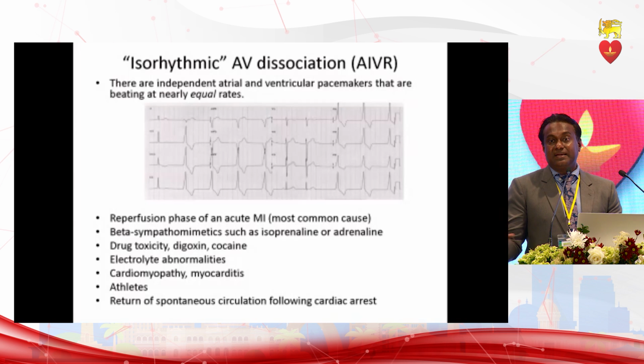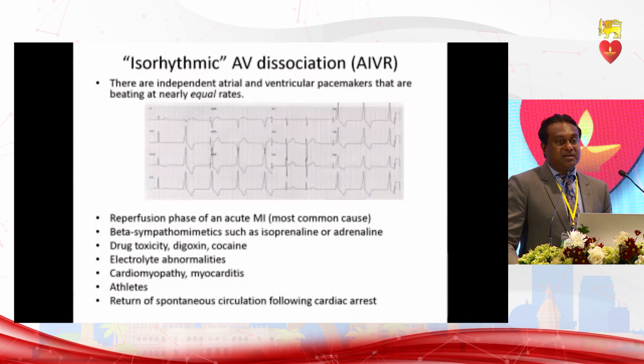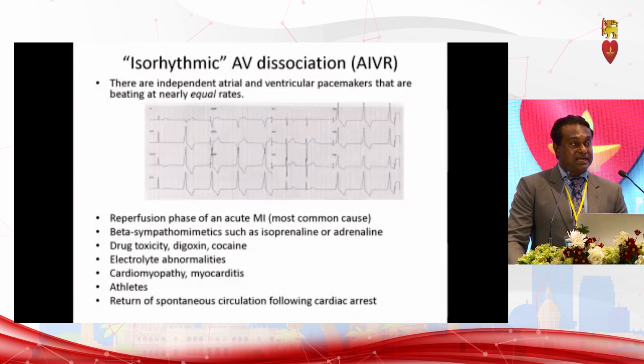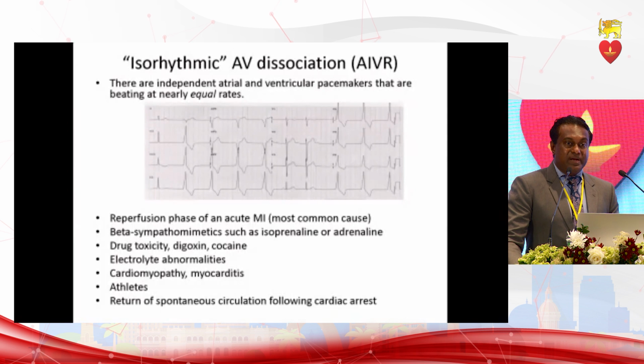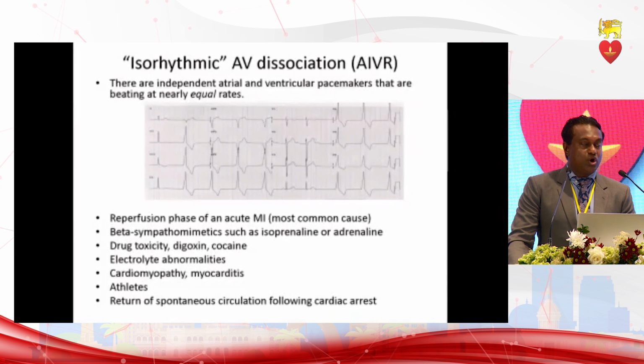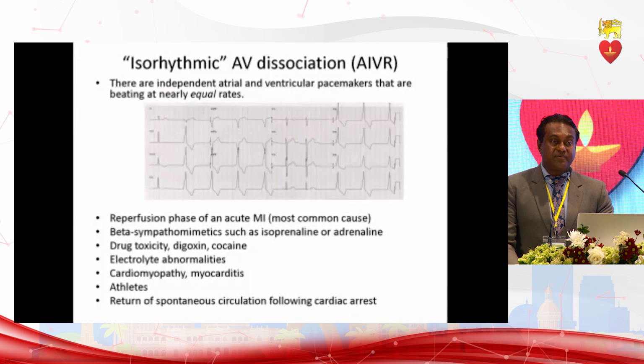When you say VT, again, it causes a lot of concern. But this is again a part of the isorhythmic AV dissociation type. Again, a focus in the ventricle is competing with the SA node to become the predominant pacemaker. Of course, we see that quite often during reperfusion after an acute MI.